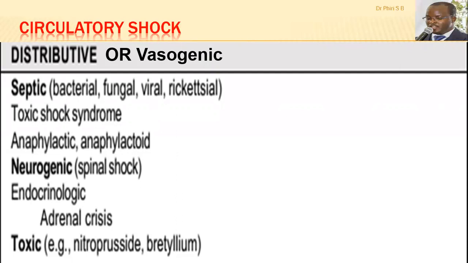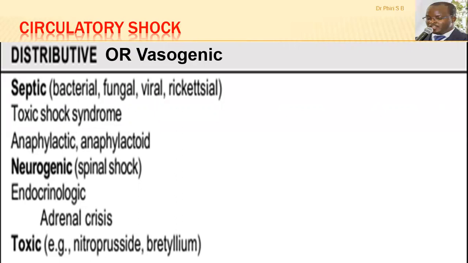There's production of toxins, so you can have toxic shock syndrome because of these infections. You find that the body cells will start producing certain products that can be toxic, and it will result into septic shock. You can have anaphylactic shock or anaphylactoid shock due to allergic reactions, of course.